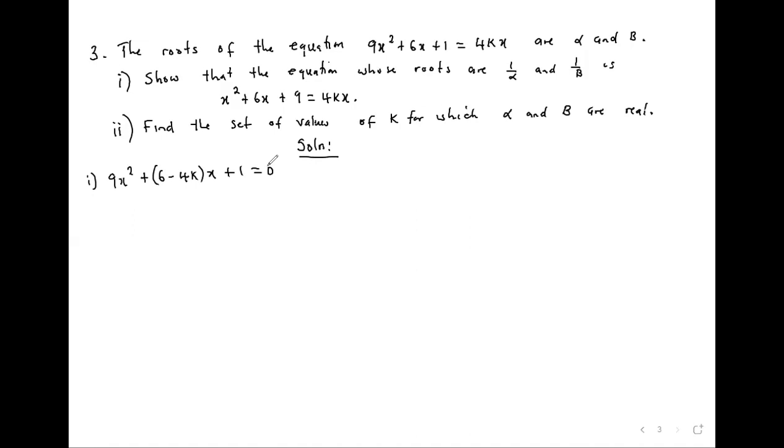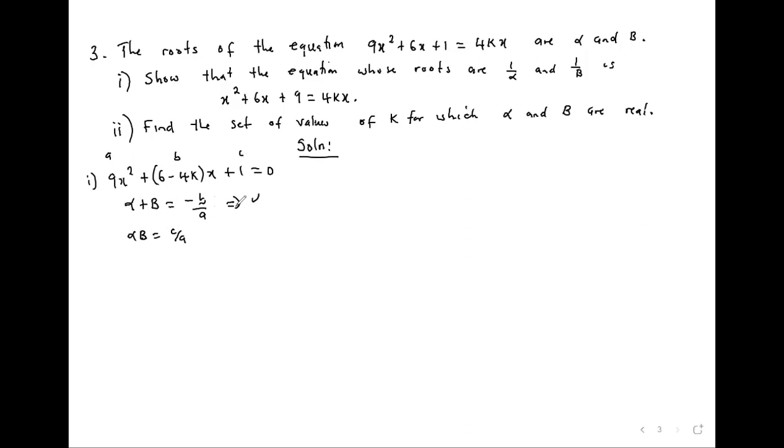This means that since alpha and beta are the roots, if you add them, you must get negative b over a. If you multiply them, you must get c over a. This is a, this is b, this is c.